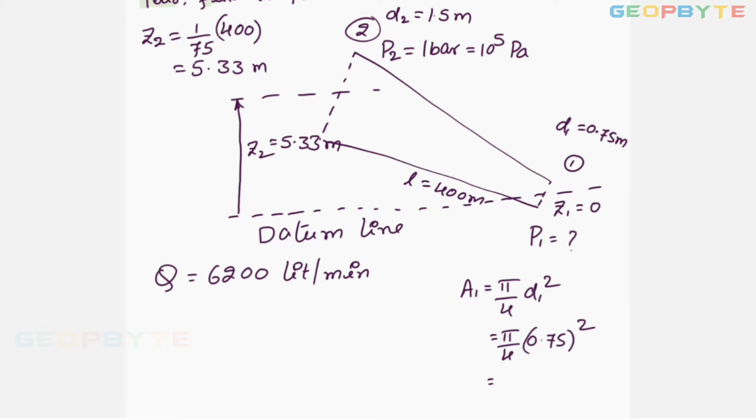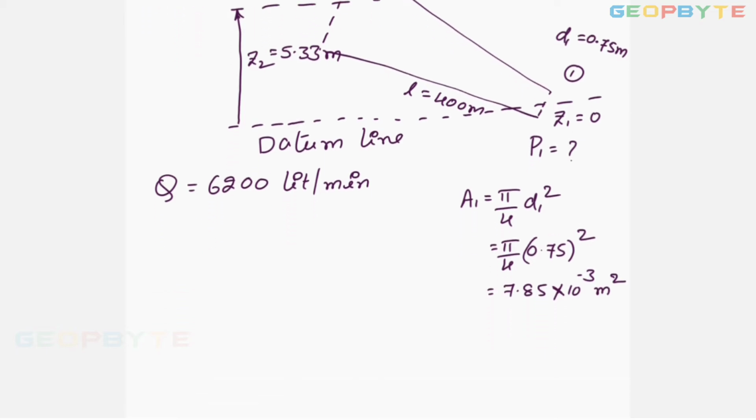A1 I got is 7.85 into 10 power minus 3 meter square. That is the A1. Similarly A2 equal to pi by 4 into d2 square.